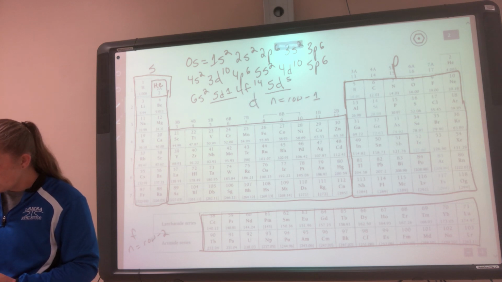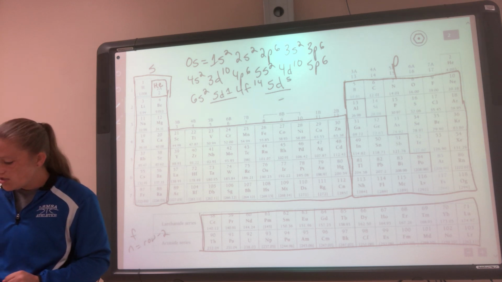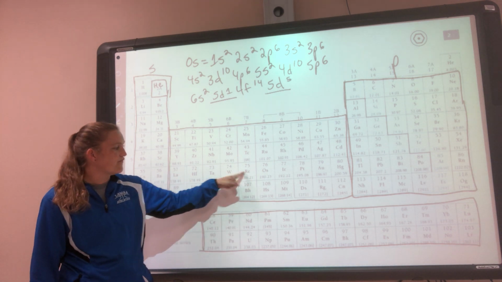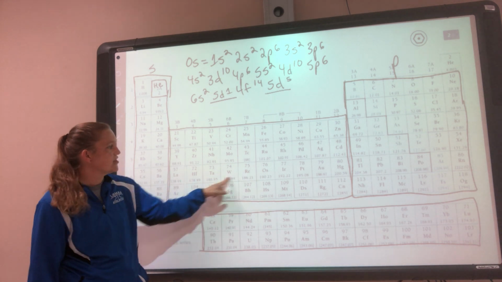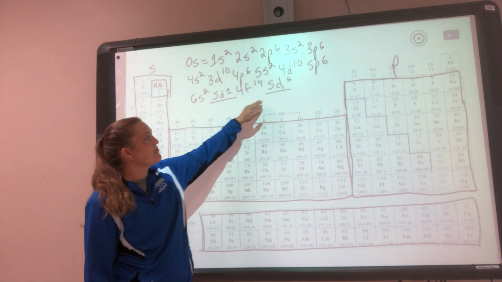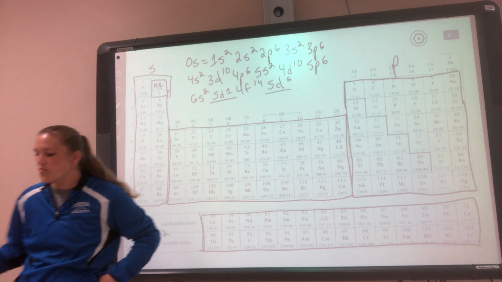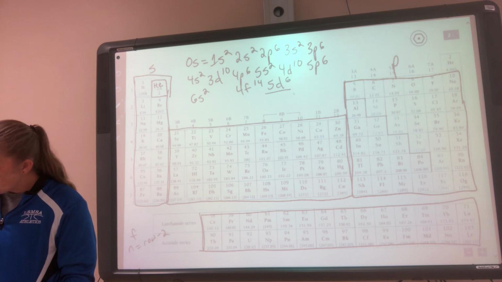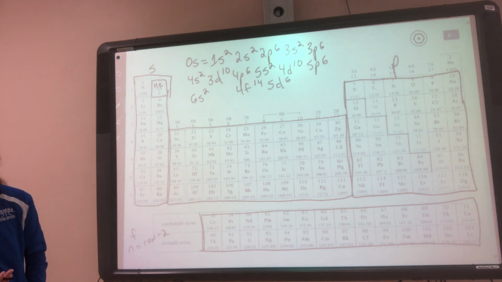Let me just erase this so you can see better. So we had this D and we had this D. So really I have 6 of the 5D electrons. We don't want to leave it separated like this. So what we would do is move this guy over here. So it's whatever makes it easier for you to remember, but that's how it would look.